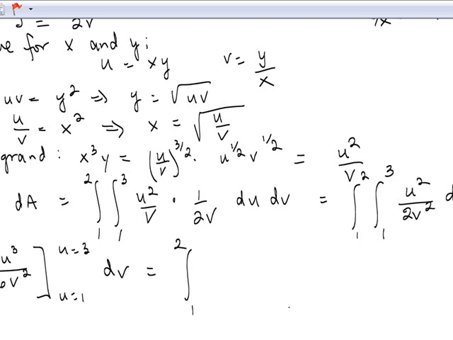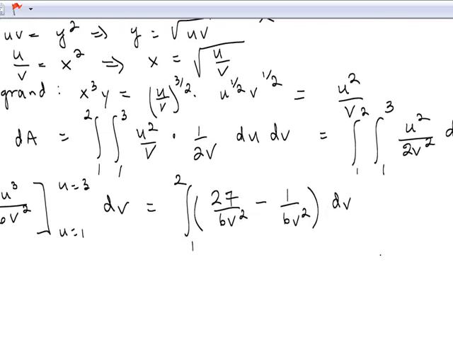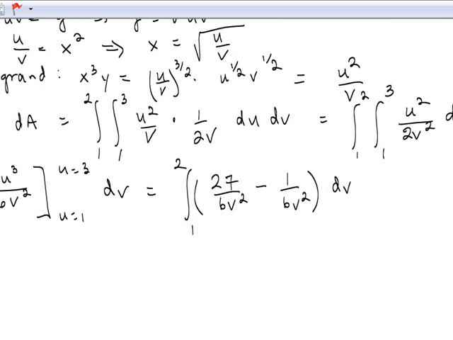Substitute: 27 over 6v squared minus 1 over 6v squared dv, which is equal to the integral from 1 to 2 of 26 over 6v squared dv.